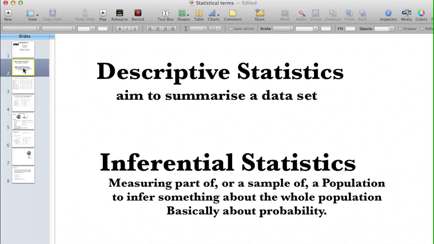A lot of times, for instance, polling, if you take something like political polling, they can't go out and measure every single person who's going to vote that day and ask them what they're going to vote. It would be far too complex and costly.